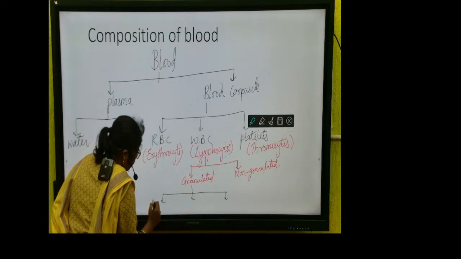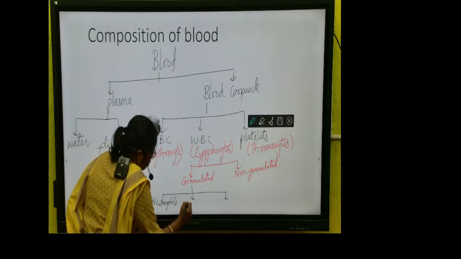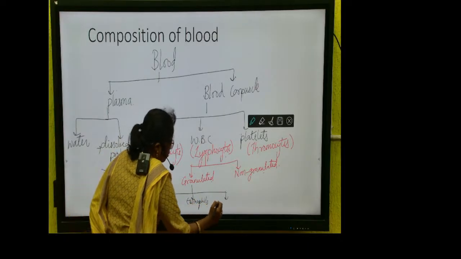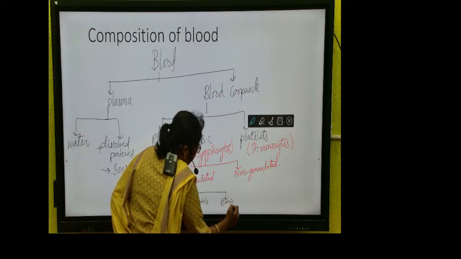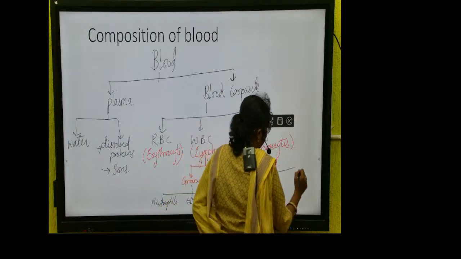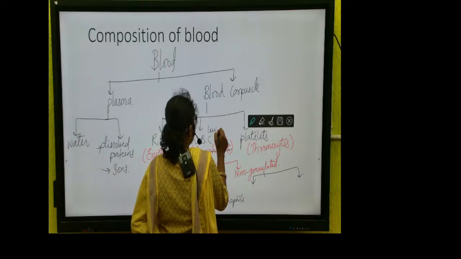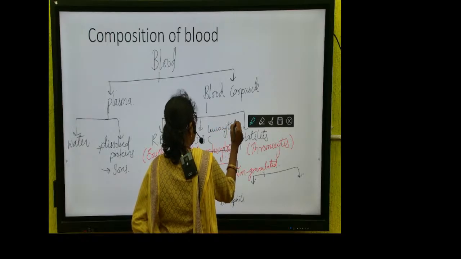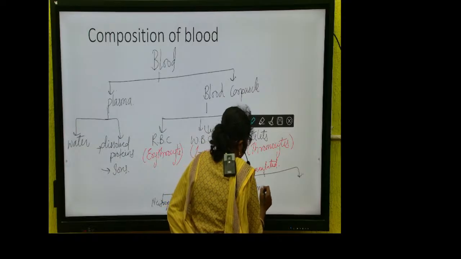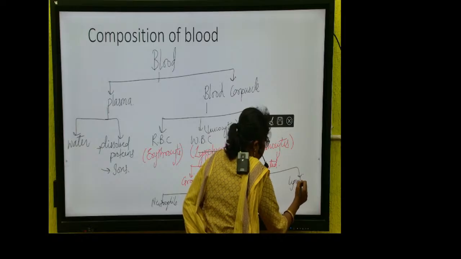One is neutrophil, eosinophils, and basophils. Make it leukocyte. Okay, इसको leukocyte कर दो. So here you will get to know it is divided into 2. One is monocyte and another one is lymphocyte.